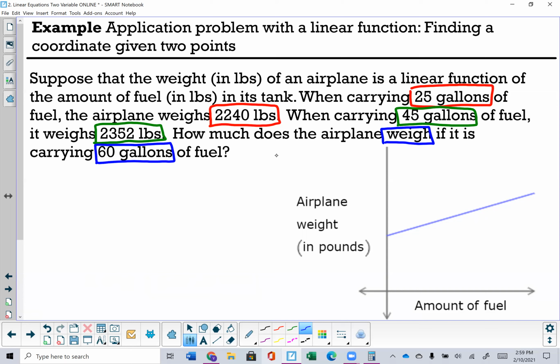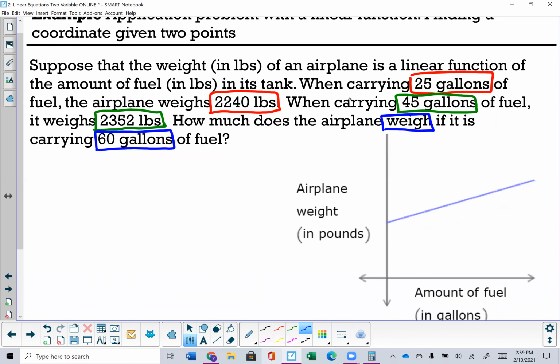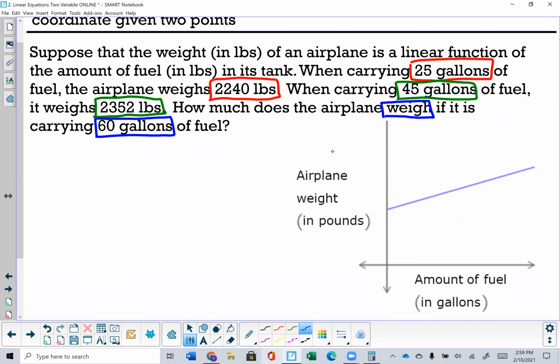So that will be another point, although we only have part of it. So if we look at the sketch of the graph that's given below, we can see that on our x-axis, we are graphing the amount of fuel in gallons. So our x variable relates to the amount of fuel. And on our y-axis, we're graphing airplane weight in pounds.